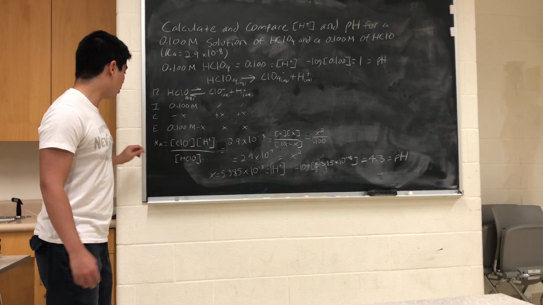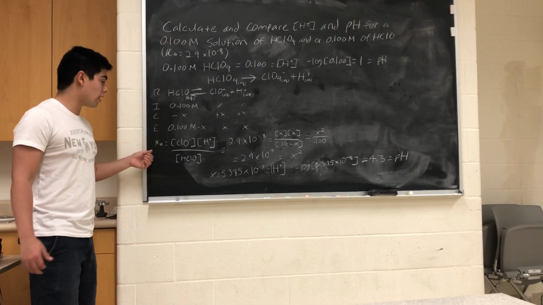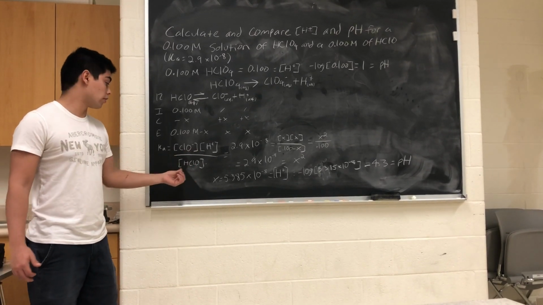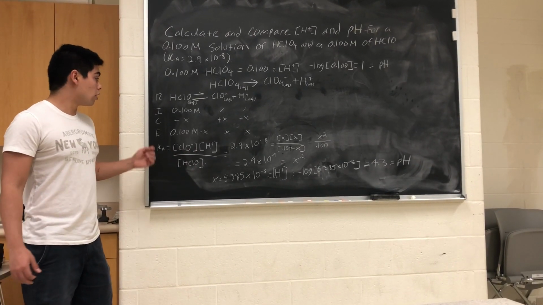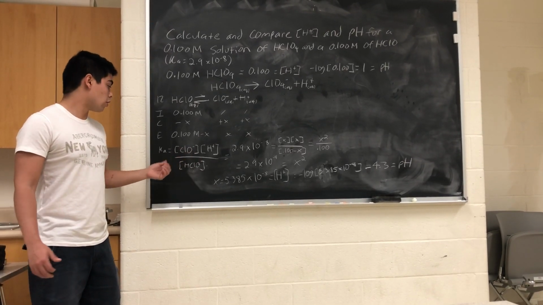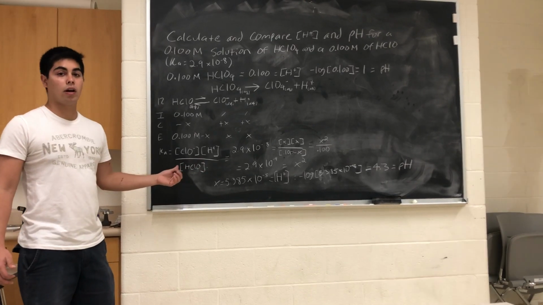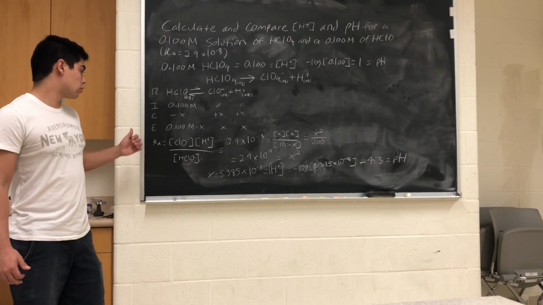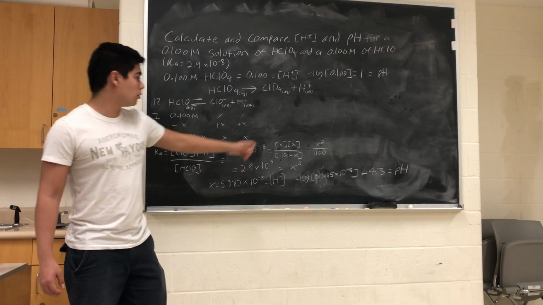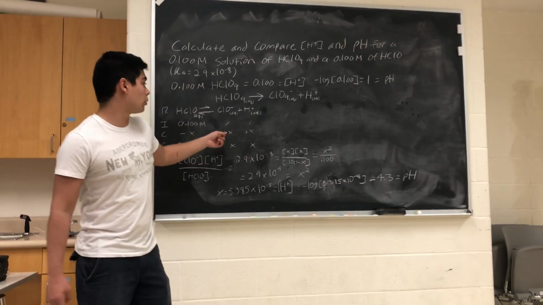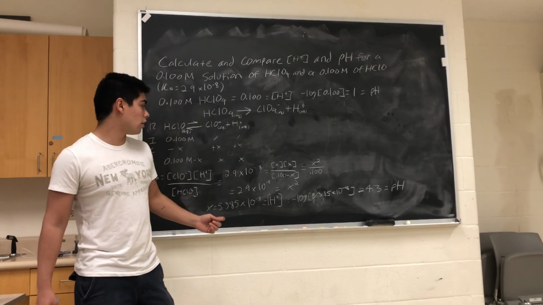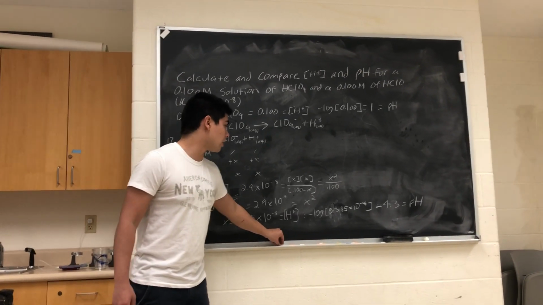And so from here, we know that in the formula, Ka is equal to concentration of products over concentration of reactants. And so our products are ClO minus and H plus over HClO, hypochlorous acid. Okay, so we're given Ka, so we're going to set Ka equal to x times x, which is our unknowns, and then we're going to have 0.1 molarity minus x, which is the change.